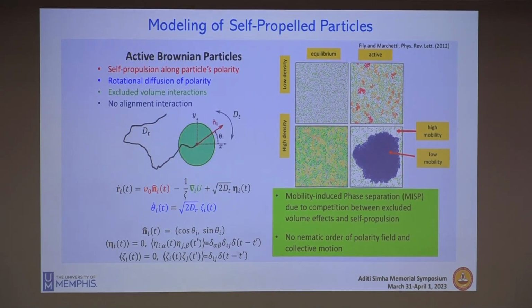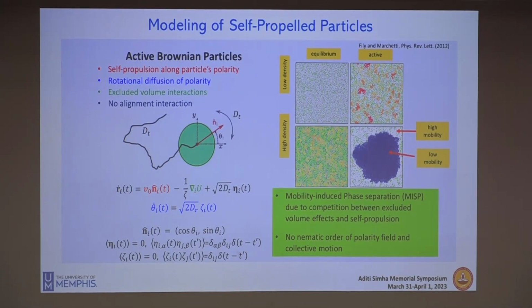Of course you have interactions between particles, and if the particles are spherical or circular, then they tend to aggregate into domains where the motion is very low, and so you have what you call motility-induced phase separation.